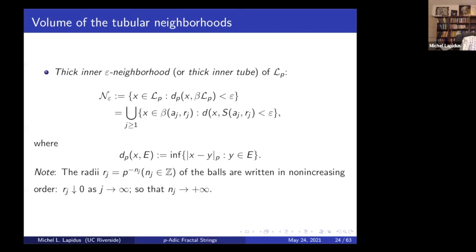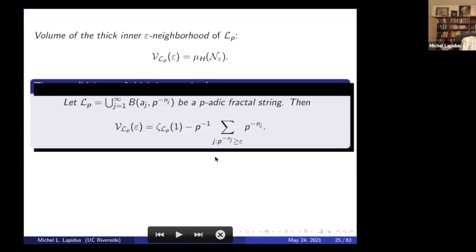And the volume of this thick epsilon neighborhood is just the Haar measure of that thick epsilon neighborhood. So as a lemma, this volume can be calculated explicitly as written here.